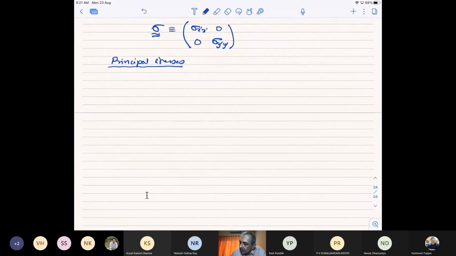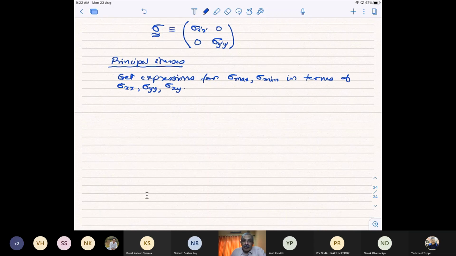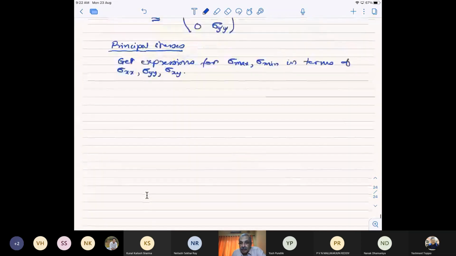We would like to get expressions for sigma max and sigma min in terms of the given components, sigma xx, sigma yy. These are given to you, they'll be just numbers. And how would you do that?